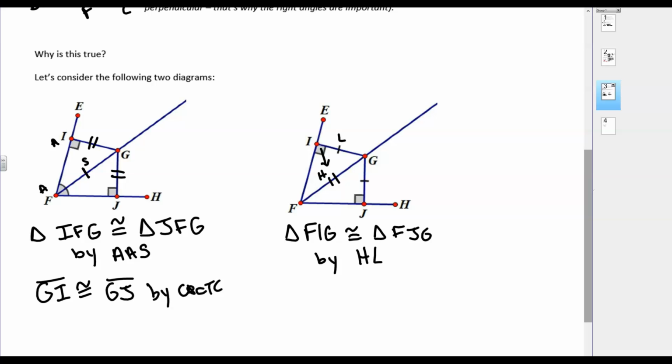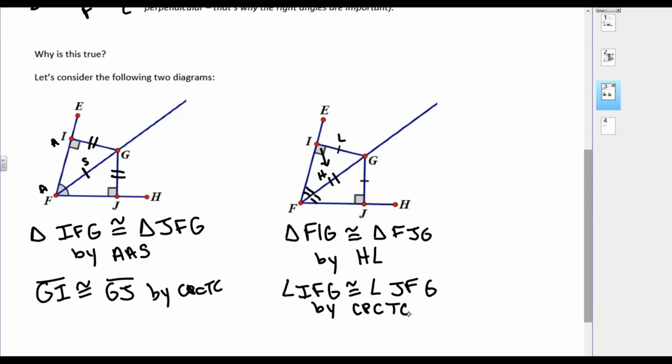And because the two triangles are congruent, I can now say that these two angles are congruent. Angle IFG is congruent to angle JFG by CPCTC, because corresponding parts of congruent triangles are congruent.